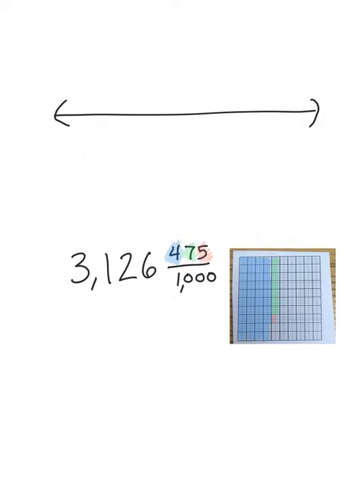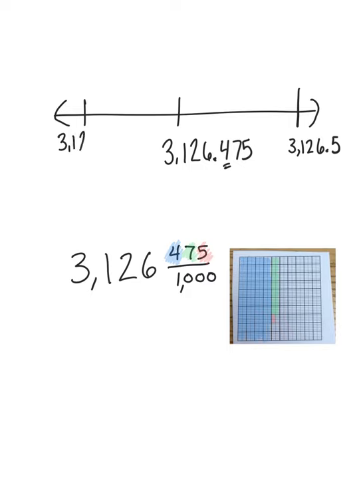If I'm trying to round 3,126 and 475 thousandths to the nearest tenths place, then I'm going to try to decide, is this closer to 3,126 and 5 tenths, or is it closer to 3,126 and 4 tenths?